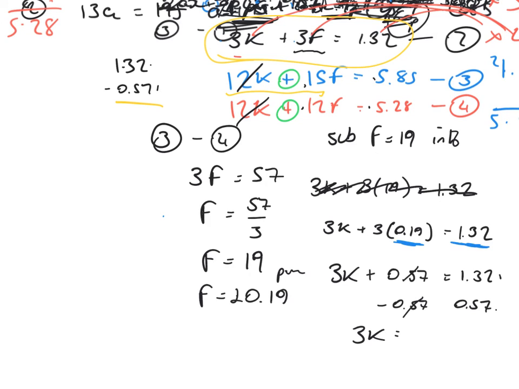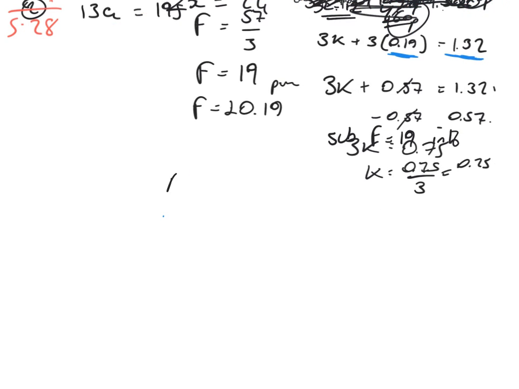Okay, so from 57 pence up to £1.32, well 57 pence up to £1, that would be 43 pence, and then another 32 pence is going to be 75 pence. Let's bring that back in. And then k equals 75 pence, 0.75 pounds divided by 3, and that's 0.25 pounds.